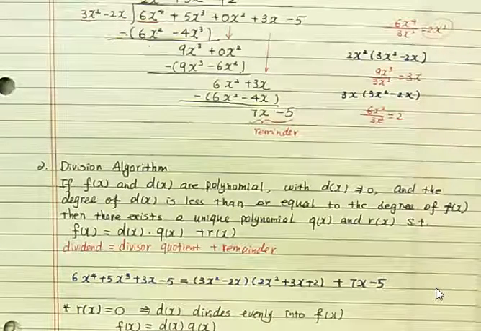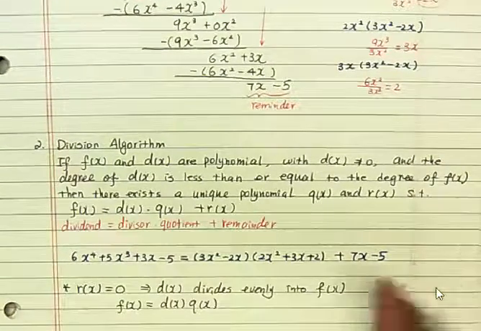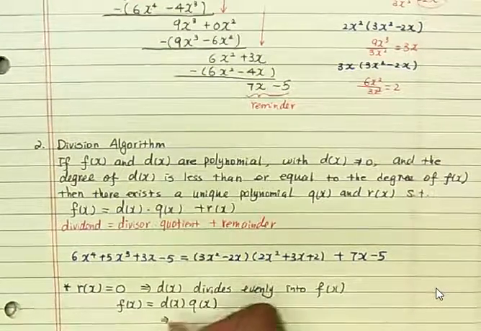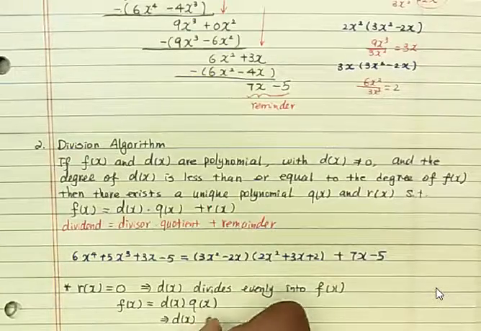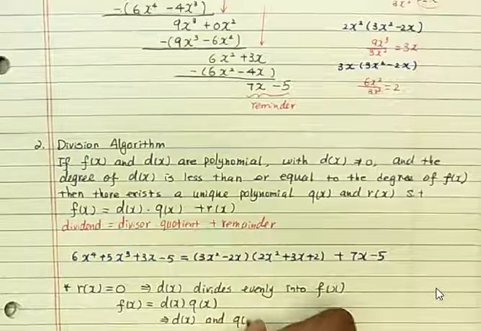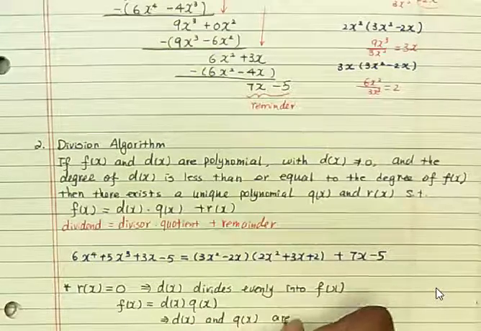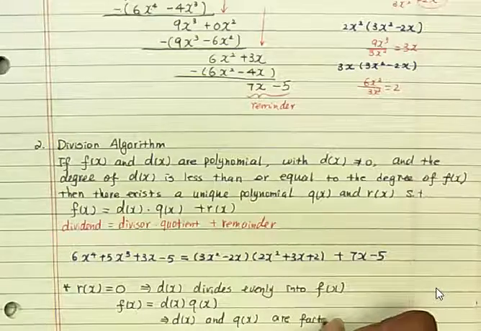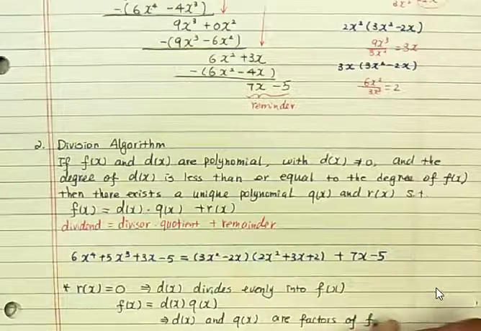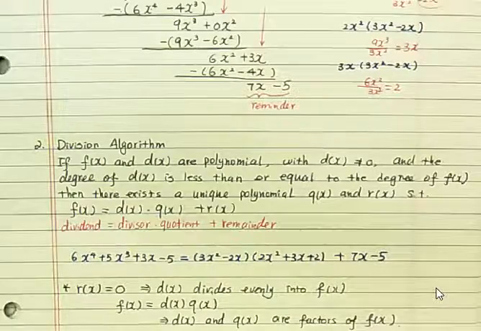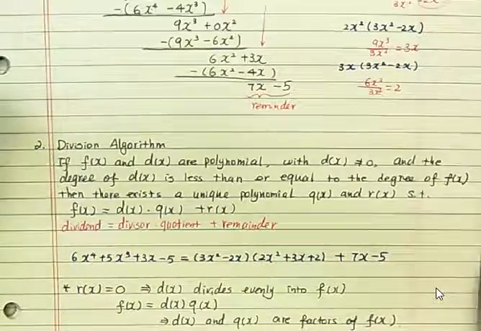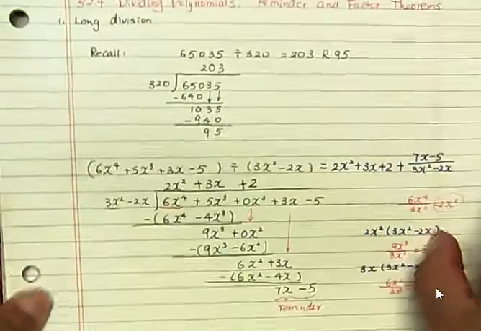Well, you can see those are factors, right? So therefore we say that d of x and q of x are factors of f of x. Okay, so that is long division. And let's take a look at another one.